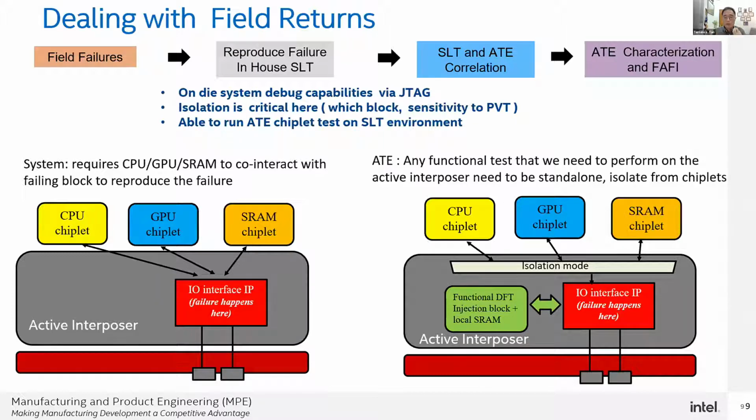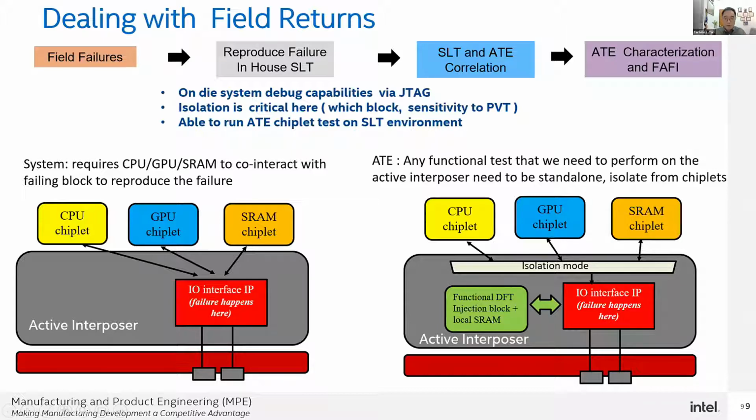So you need to have a DFT mechanism to isolate, which I mentioned early on, a block in the active interposer which I call the functional DFT injection block, where you can inject downstream cycles that mimic CPU cycles, GPU cycles to the I/O interface IP. Then you can have a local SRAM that does the function of the top chiplets.